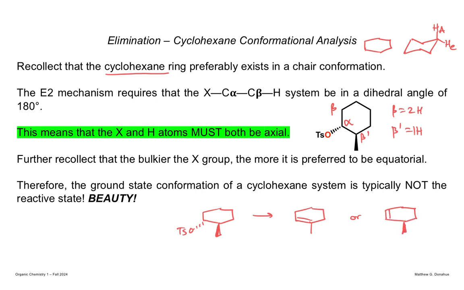So we have either a tri-substituted or a di-substituted alkene. And now we have to figure out which one is going to be the major product.